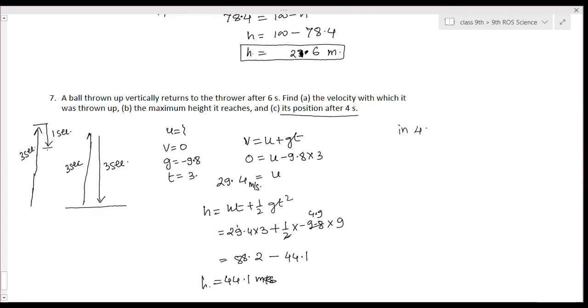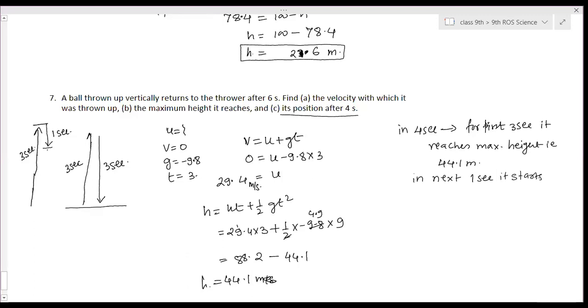So in 4 seconds, for the first 3 seconds it reaches maximum height, that is 44.1 meters. Now in the next 1 second, it starts coming downwards.